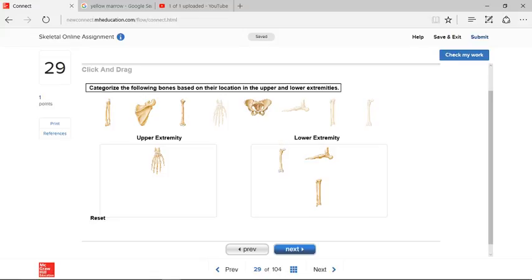I honestly don't know, I'm going to have to grab this and know this real quick, so I don't put in the wrong thing and get something wrong. Alright, so here we go. It is a femur.